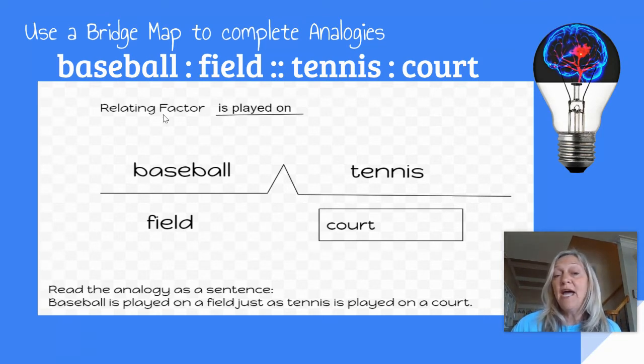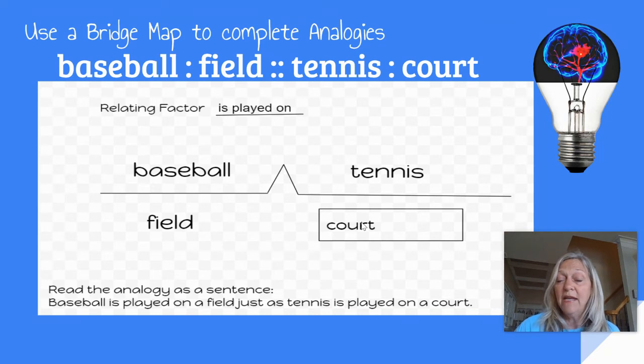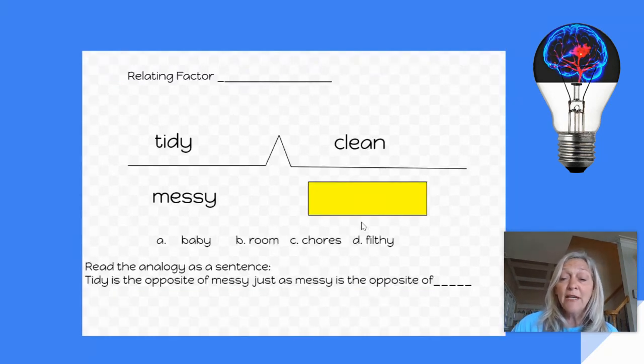You always want to have that relating factor that shows how these two are connected, because these two need to be connected in the same way as these two. So we read it as baseball is played on a field in the same way that tennis is played on a court.